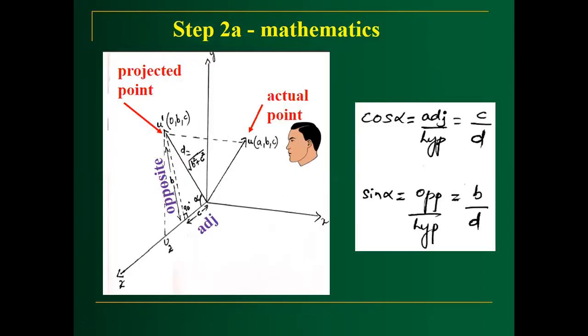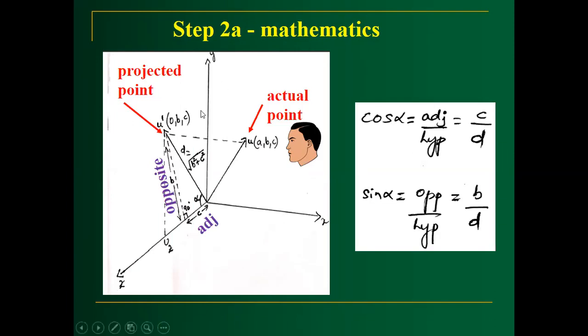Now, to make you understand this, look here. We have this original line, the output of step 1, which we coincided with the origin. So u has components A, B, C, where A is the direction cosine, x2 minus x1 by the magnitude, B is y2 minus y1 by the magnitude, and C is z2 minus z1 by the magnitude.